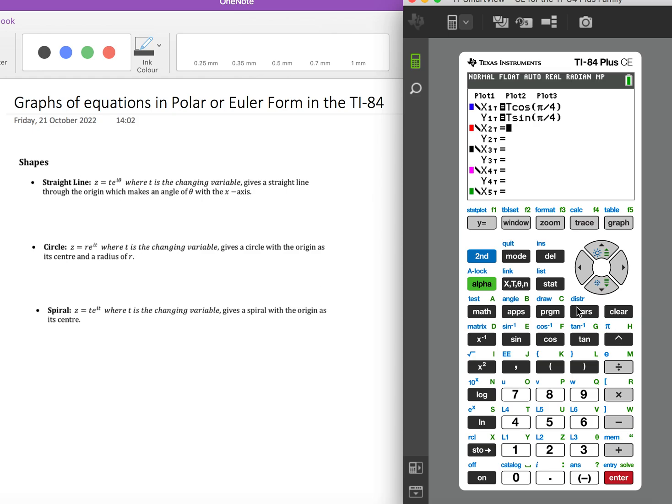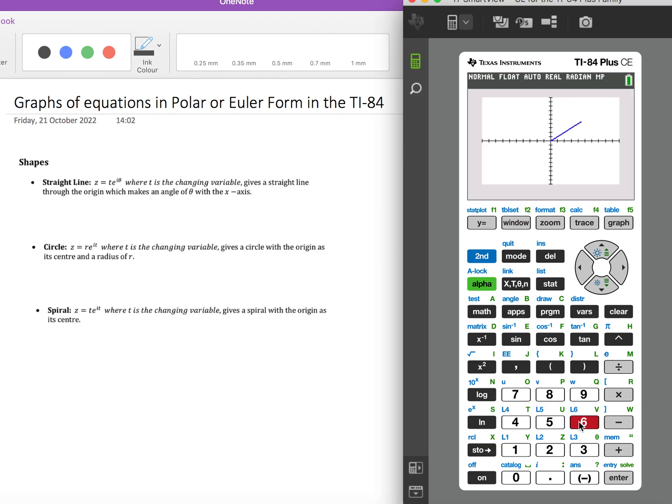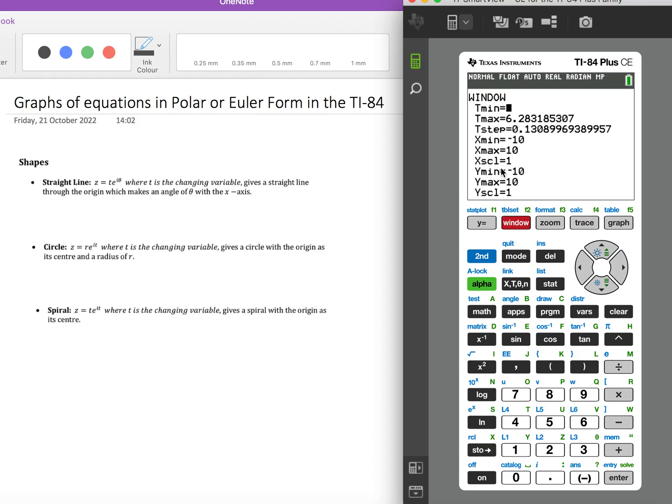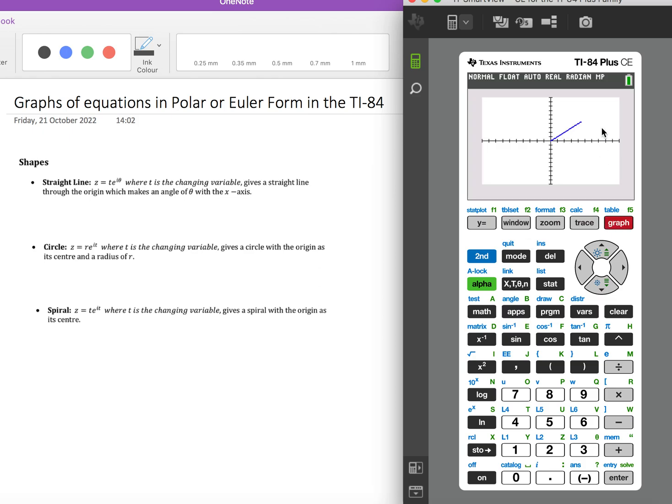For the window, we could set it to standard so that it's from -10 to +10 for both x and y. So this is your straight line. These are your x and y values, and by default t is at most 6.28, 2 pi. So this is how you graph a straight line in the TI-84.